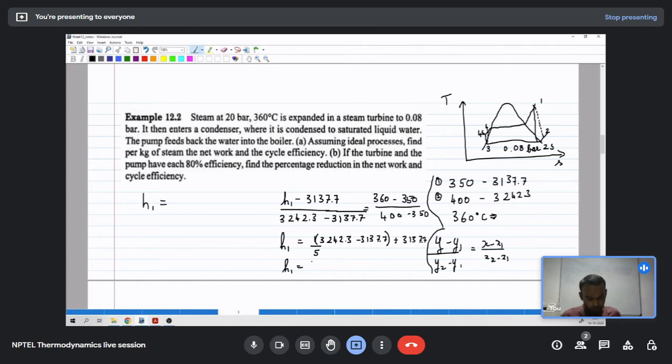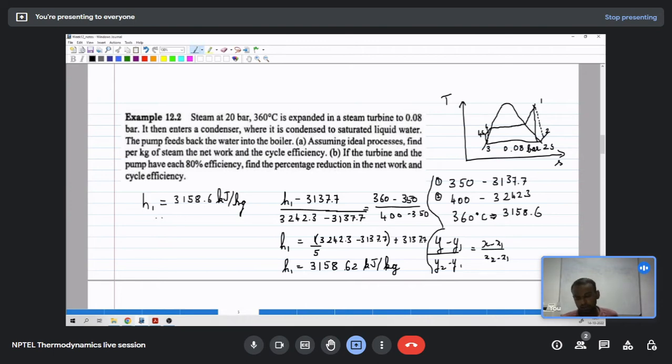So we have got 3158.62 kilojoule per kg. I will note down here that the enthalpy at first state is 3158.6 kilojoule per kg.